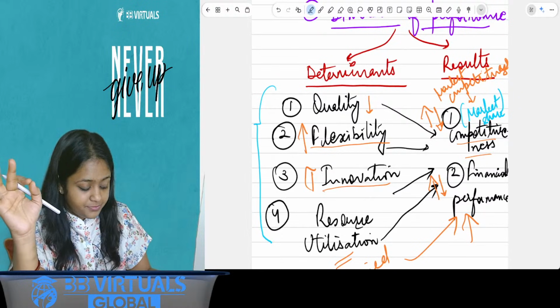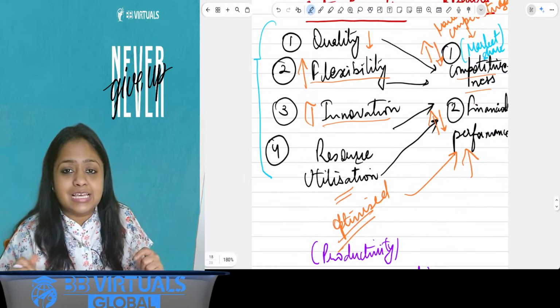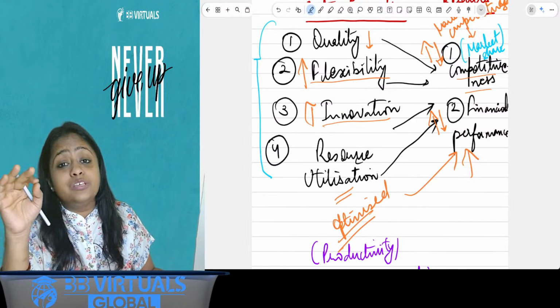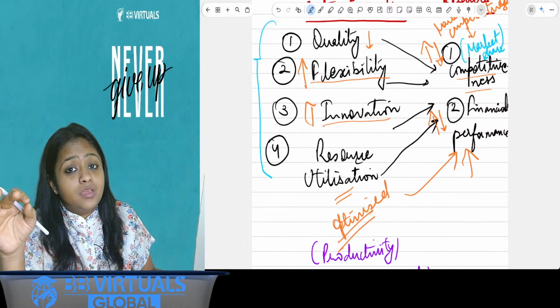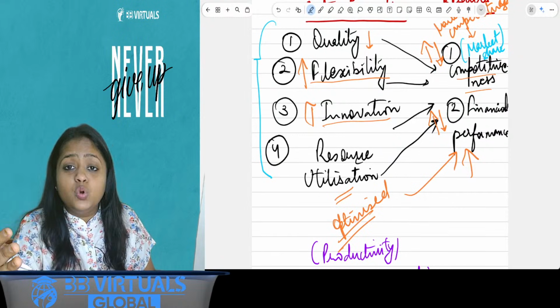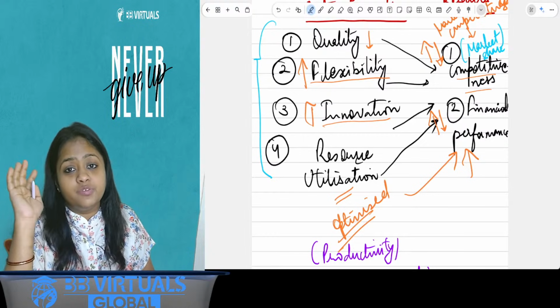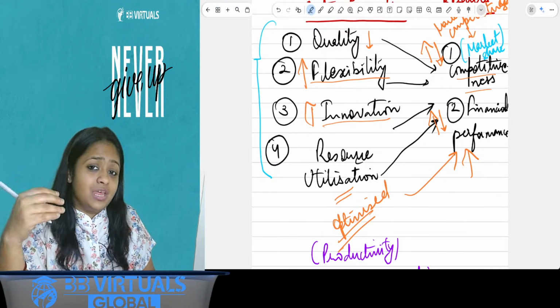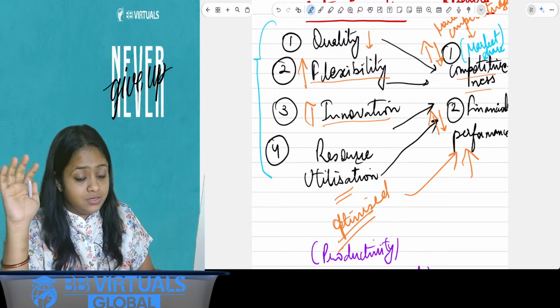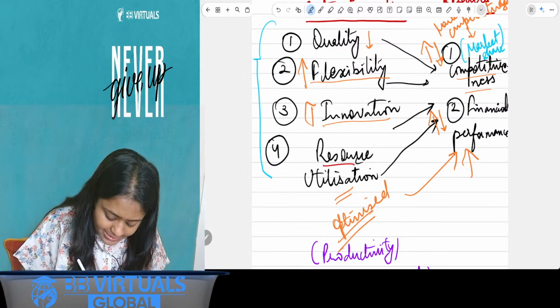Clear? Now the next is innovation. Innovation simply means the new things that have been introduced in your service line, because of course it will also have an impact on the results. The next is resource utilization.